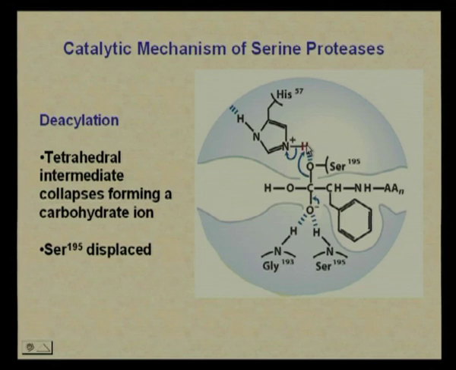Histidine. So, what does histidine in the first series of steps do? It takes the hydrogen from serine and gives it to the leaving amino part of the polypeptide chain. In the next series of steps, it takes the proton from water and gives it to serine.